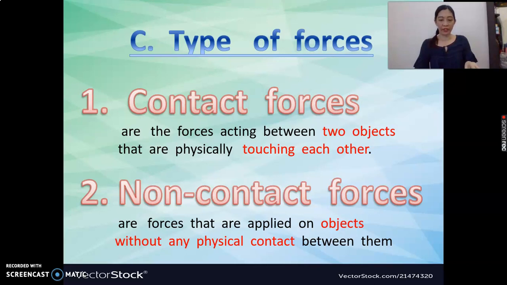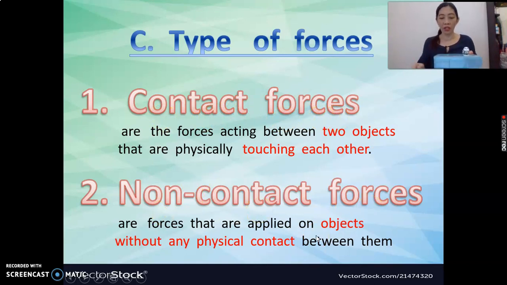Contact forces are touching each other. Non-contact forces have no physical contact. So that is the difference between contact forces and non-contact forces.